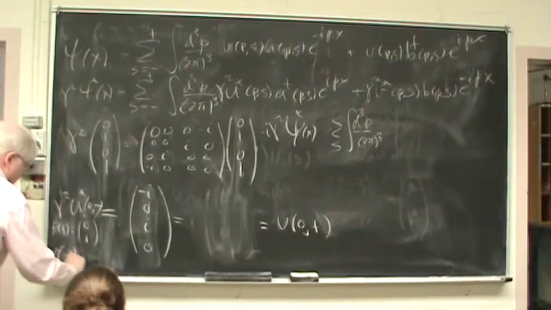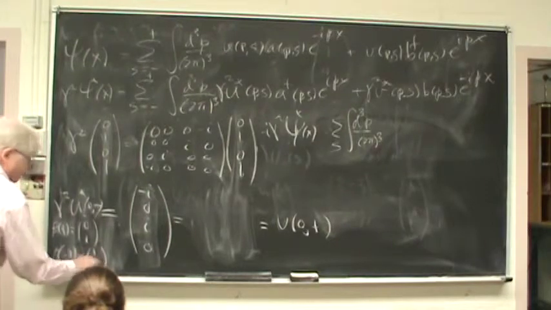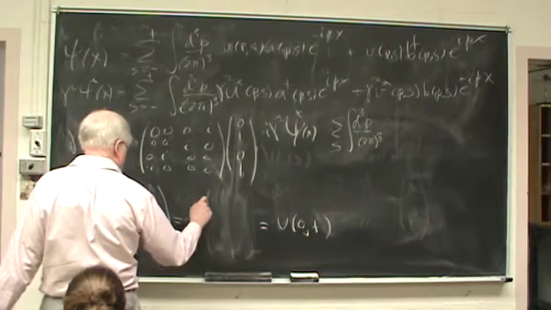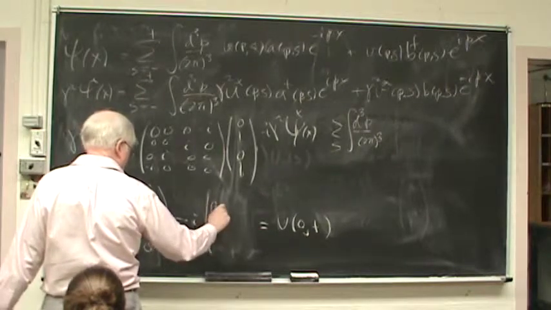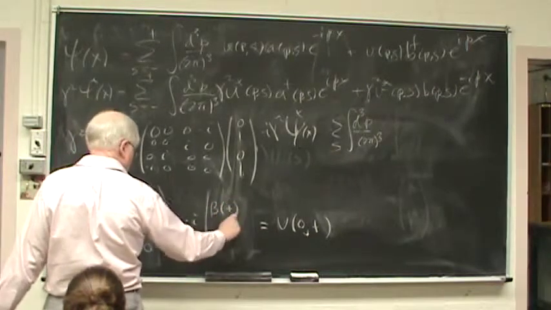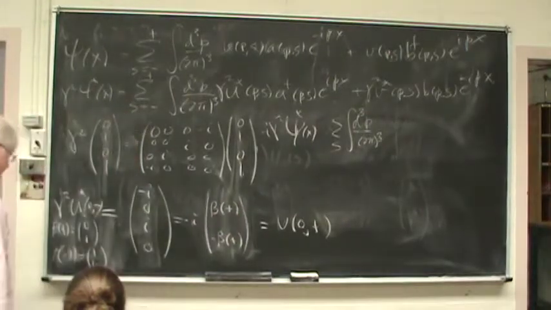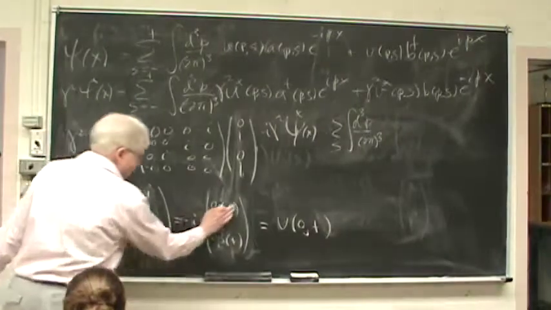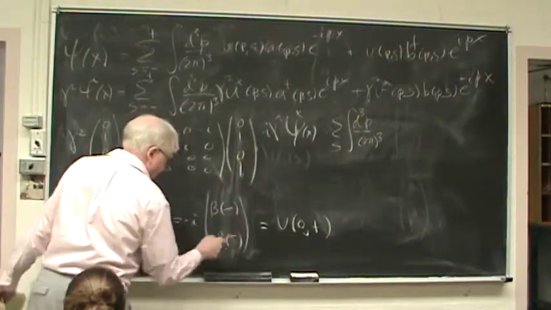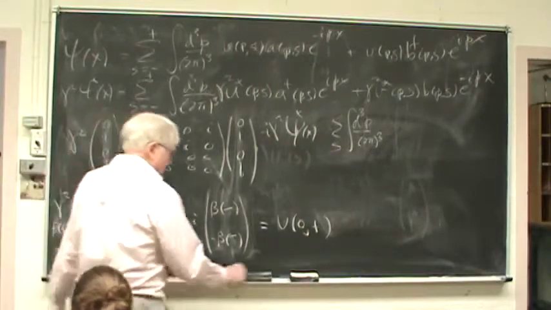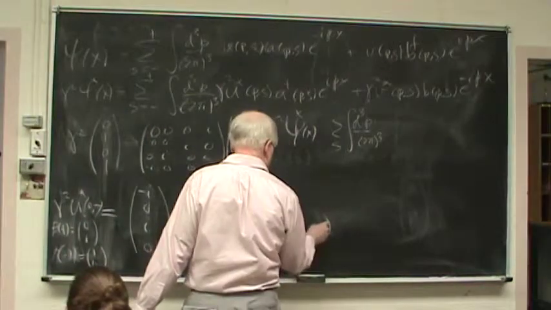Beta minus is 1, 0. So this thing is minus i, beta plus, minus beta plus. Minus. Yeah, that was the whole point. And, right. Okay. All right, so in other words, this guy is v minus.